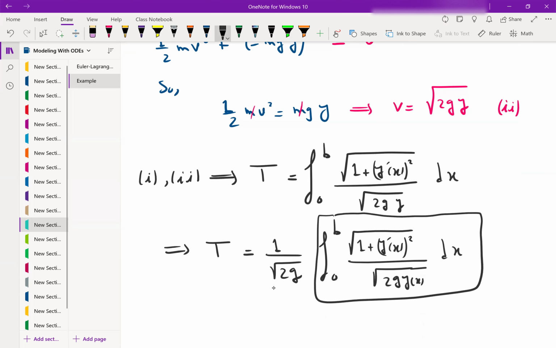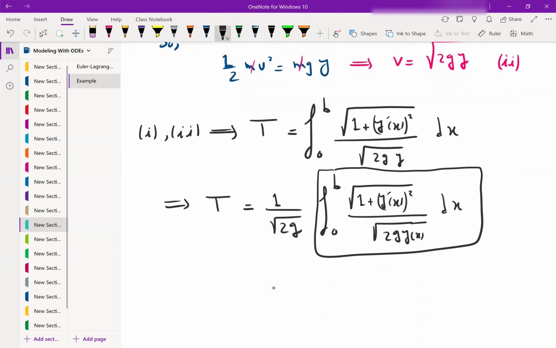So 1 over the square root of 2g is some constant number. That doesn't change anything. So what we want to minimize is this expression.